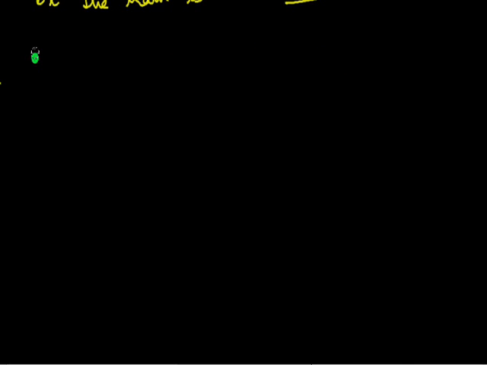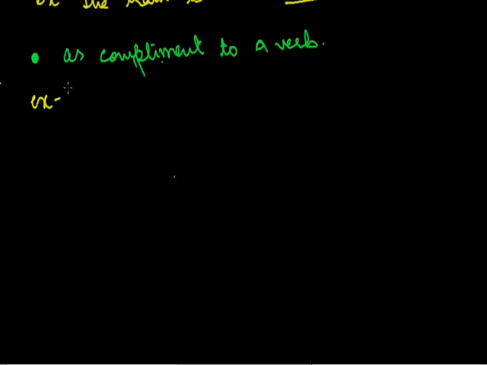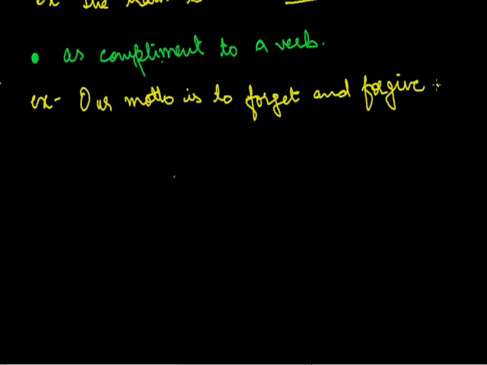Next point is as complement to a verb. For example, our motto is to forget and forgive. So 'to forget' is complement to a verb.